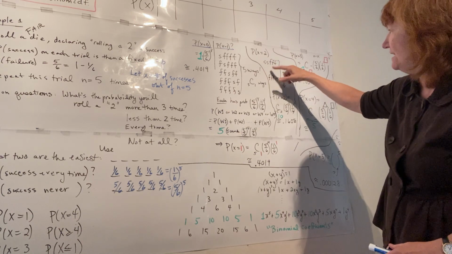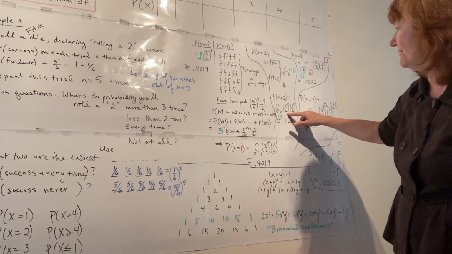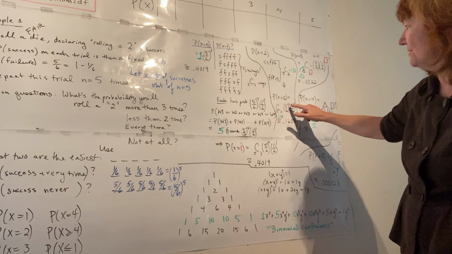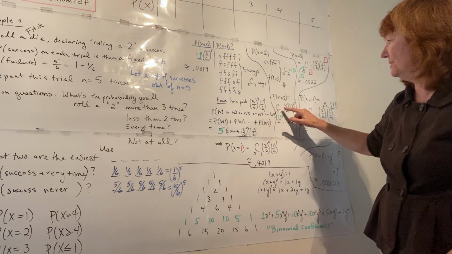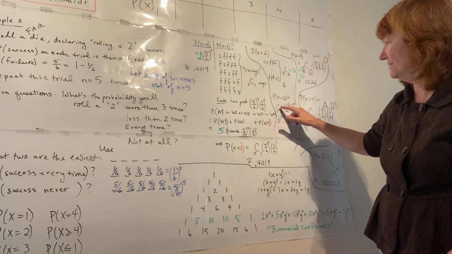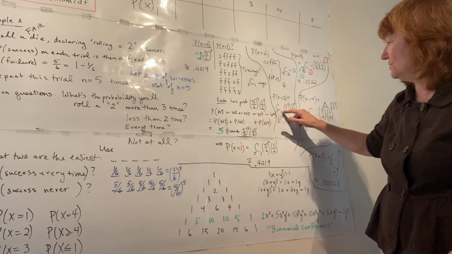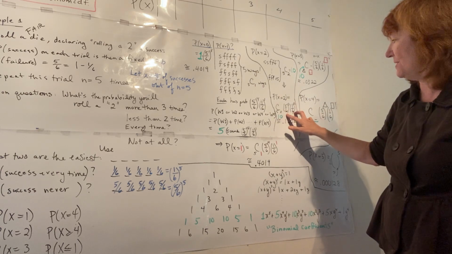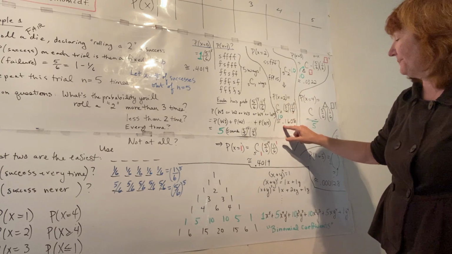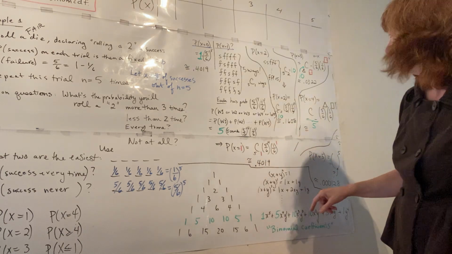Each of these 10 events has a probability of 5/6 to the 3rd times 1/6 squared. So there's the 10. 5 choose 2 is 10 of these things. Because these are a lot smaller, that turns out to be 0.1608.